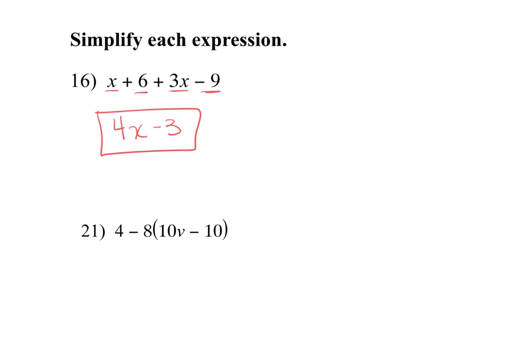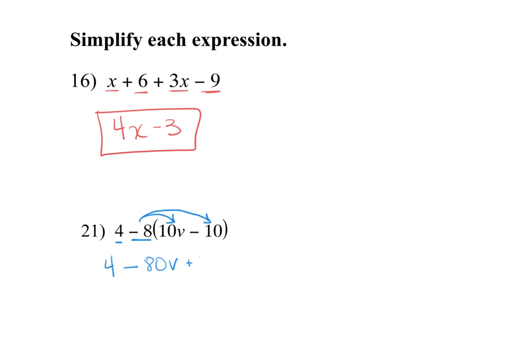You do notice, though, that they get progressively a little bit more difficult. So if you look at this next one, you have parentheses, which means you're going to have to distribute. So we're going to leave this 4 alone right now, and we're going to distribute this -8. So we have the -8 times the +10v. That's -80v. We have a -8 times a -10.